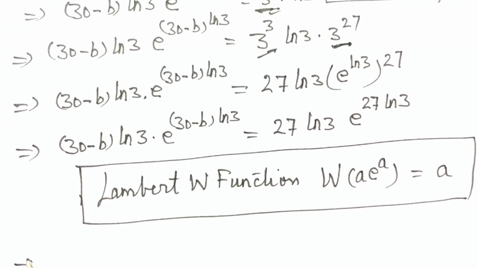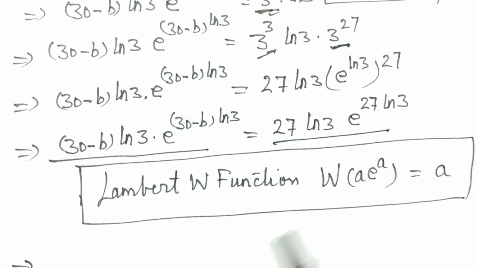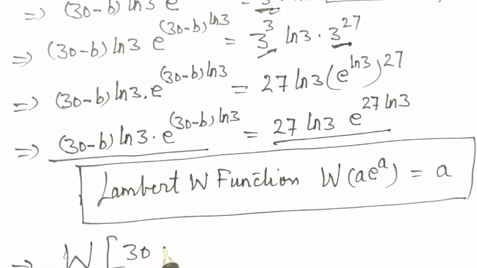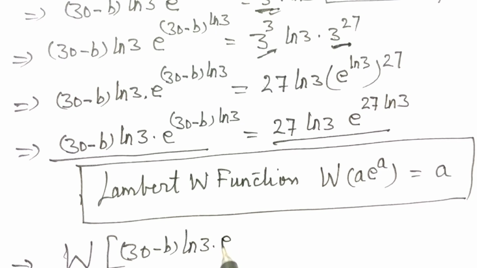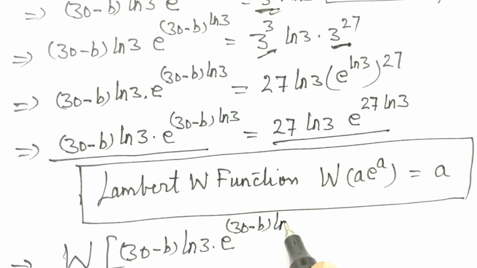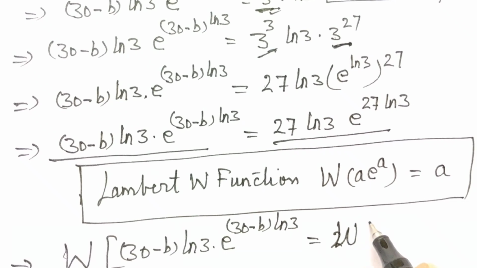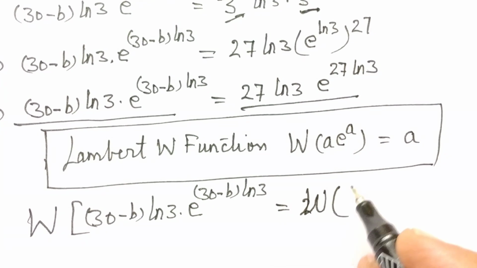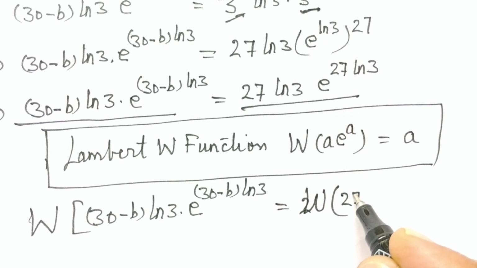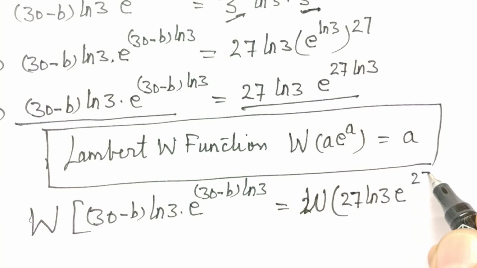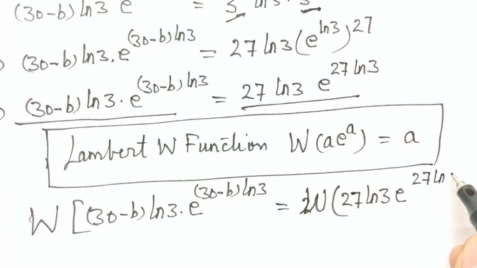Now this and this: W of (30 minus b) ln 3 into e to the power (30 minus b) ln 3 is equal to W of 27 ln 3 e to the power 27 ln 3.